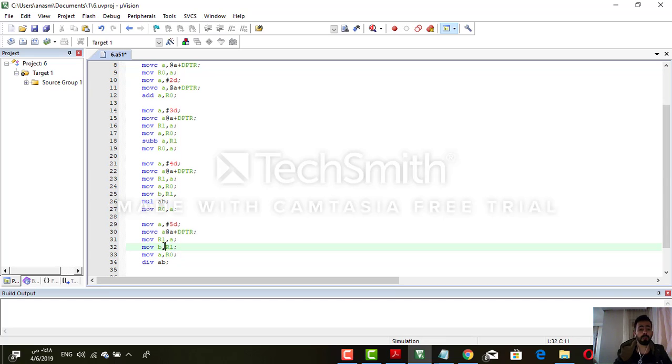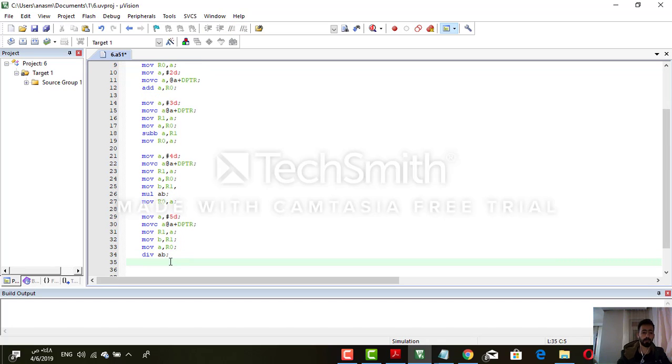So the new result is at the accumulator, and the other result at B. So divide A and B and move the result, for example, to register 0.